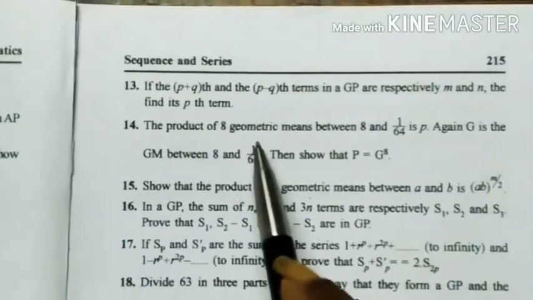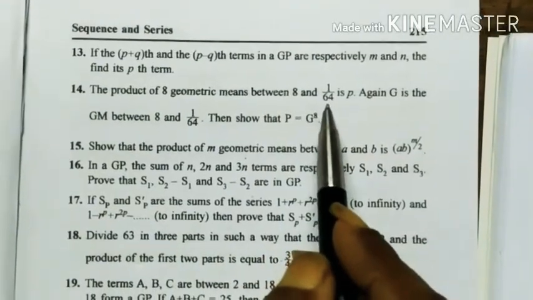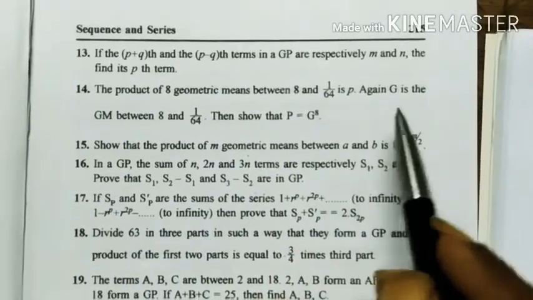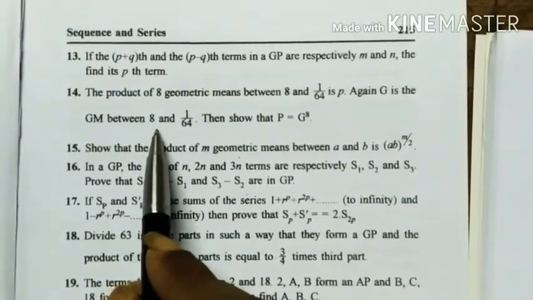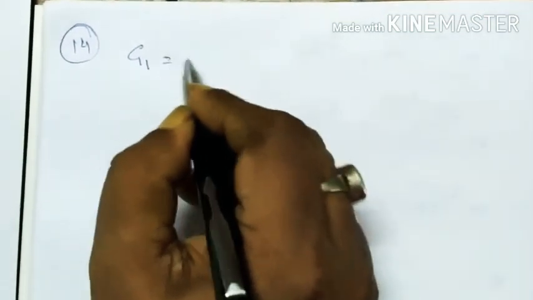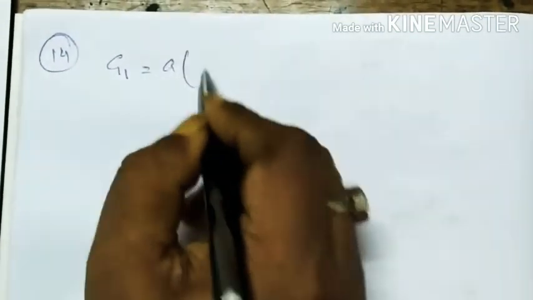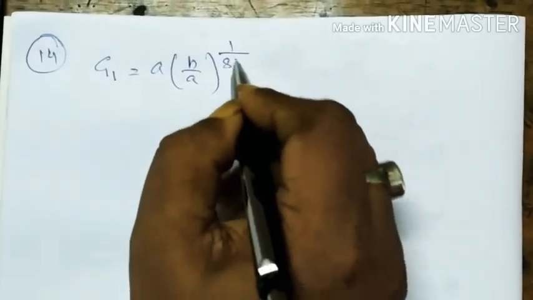Question number 14: the product of 8 geometric means between 8 and 1 by 64 is P. Again, G is the geometric mean between 8 and 1 by 64, so that P is equal to G to the power of 8. 8 geometric means G1, by quotients, G1 will be equal to a into (b by a) to the whole power 1 by 8 plus 1.